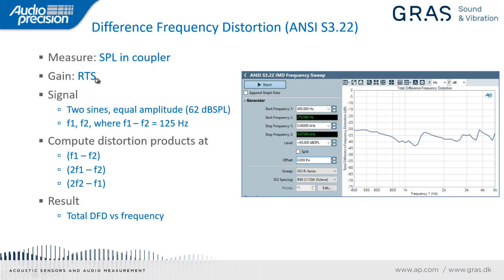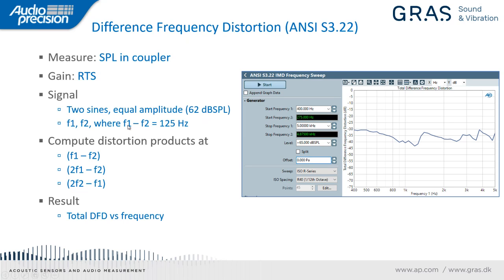The gain of the hearing aid is at RTS, and the input signal is two sine waves of equal amplitude at 62 dB/SPL. And the 2 frequencies are F1 and F2, where the difference between them, F1 minus F2, is 125 hertz. Note that for the ANSI standard, F1 is the higher of the 2 frequencies.